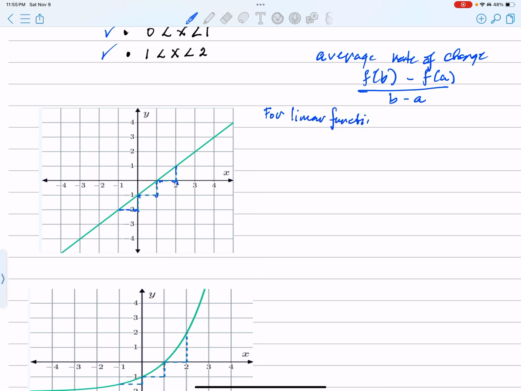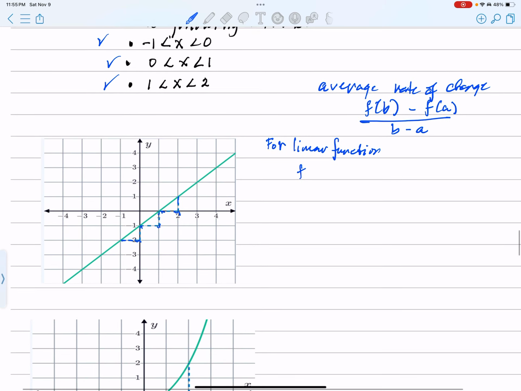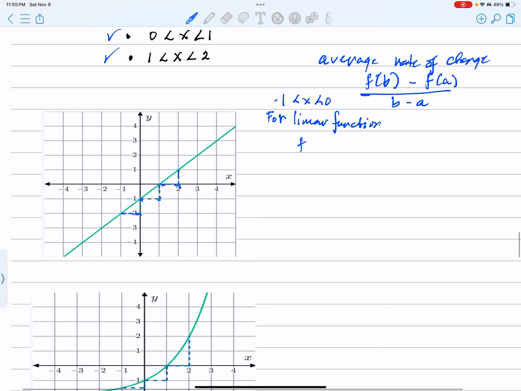Okay, so since it's negative 1 to 0, we have f of 0 minus f of negative 1 over 0 minus negative 1.